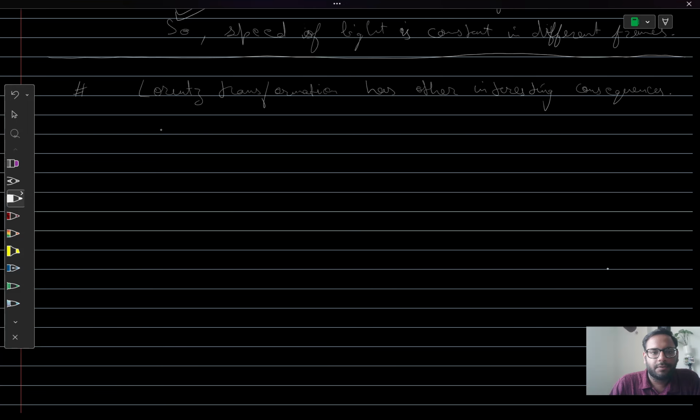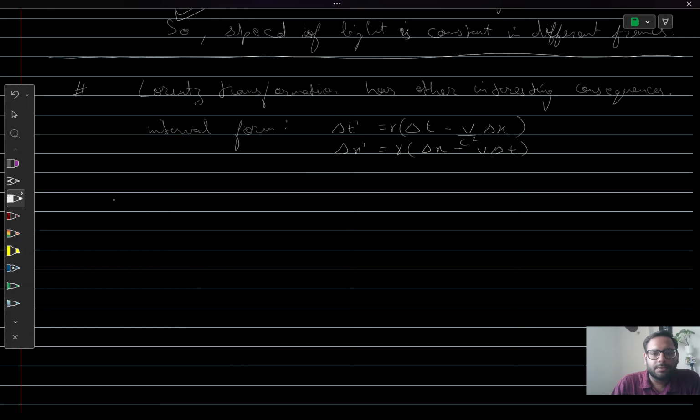You just take the interval form, that is del t prime is equal to gamma times (del t minus v by c squared del x). And again, for x prime, del x prime is gamma times (del x minus v del t). Okay, let's just take these two only.